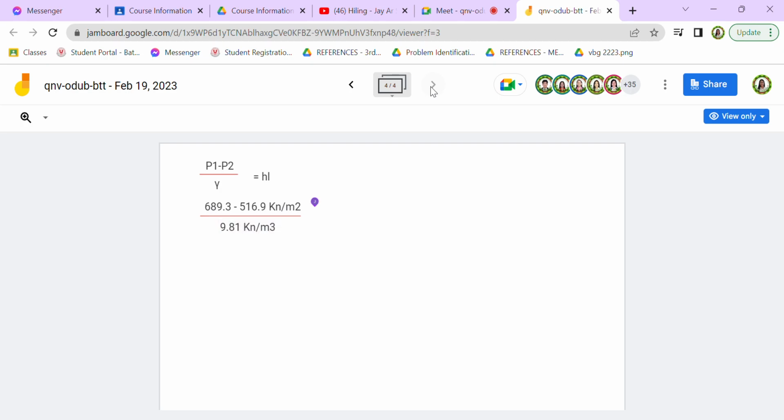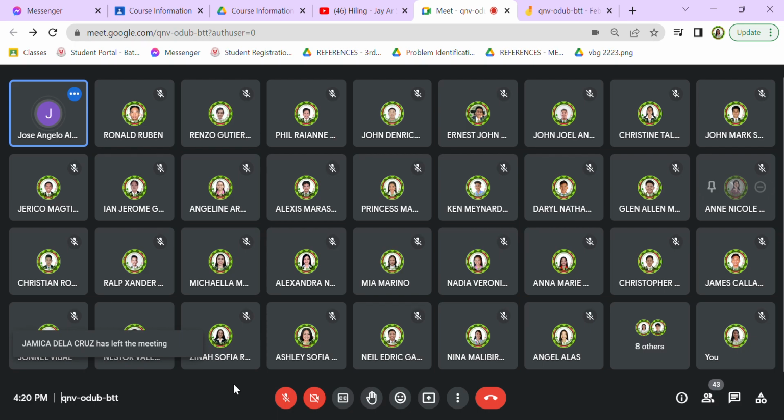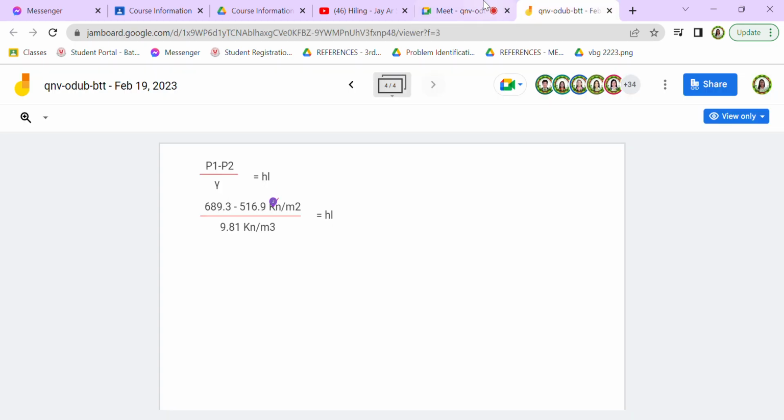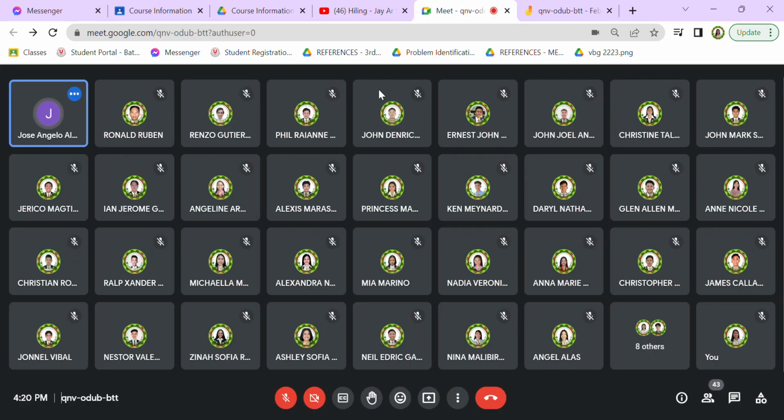This is equivalent to the HL or the major head loss na hinahanap natin. So let's cancel the unit, kilonewton to kilonewton, meter squared to meter, leaving us with a single unit of meter here in the numerator.